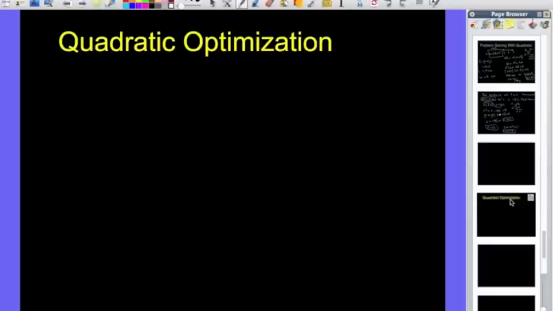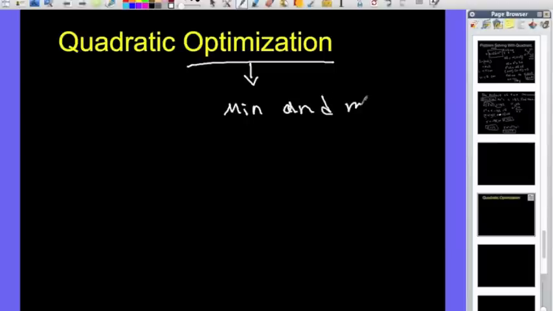Okay, great. Now let's move on to quadratic optimization. So let's define what optimization means. Optimization means minimum and maximum. So this kind of has to do with graphs.